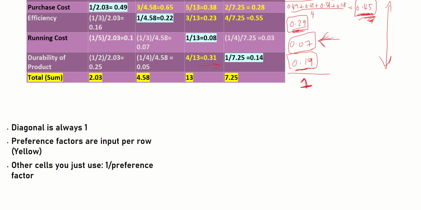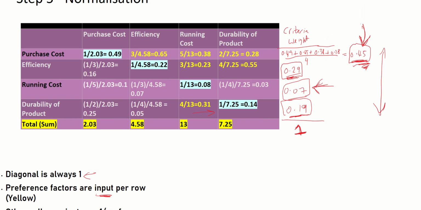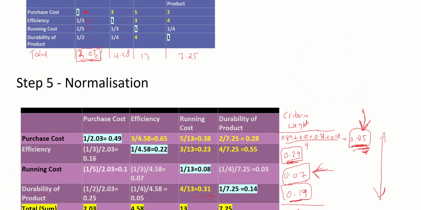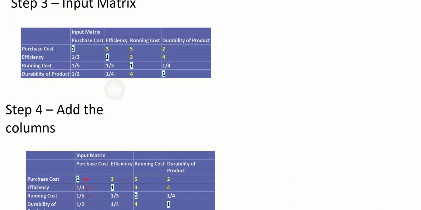Some final points before we end the video. The diagonals, it's always a 1, remember that. Preference factors are input per row, so you look at it per row, just like what we did up there. So per row, purchase cost, and then see if you prefer it over the criteria that I've given.